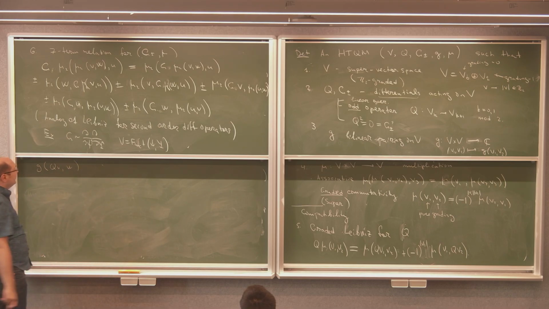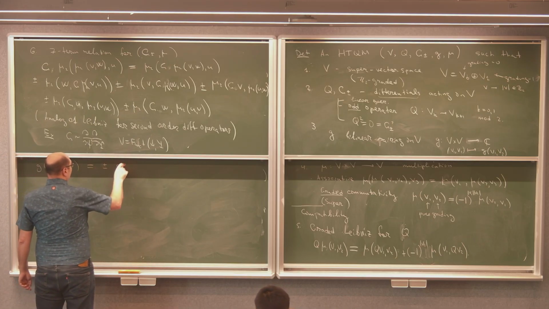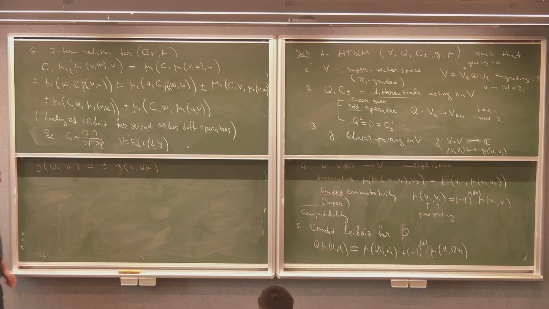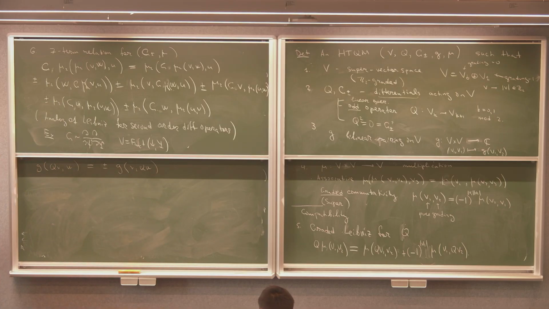Usually in quantum mechanics we are looking at some kind of Hermitian or anti-Hermitian operator. So usually we want to relate this thing to an object like this with some sign. That would be hermiticity or anti-hermiticity for this operator with respect to the bilinear pairing G.